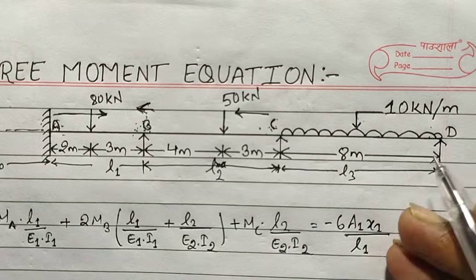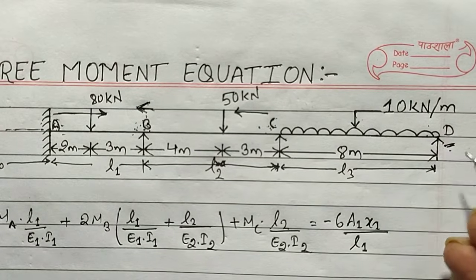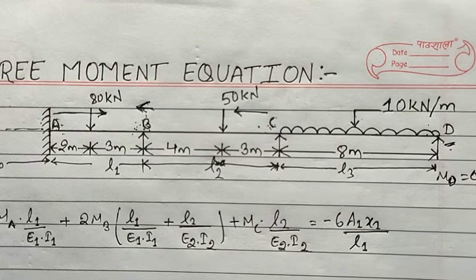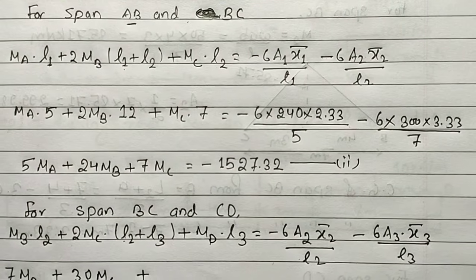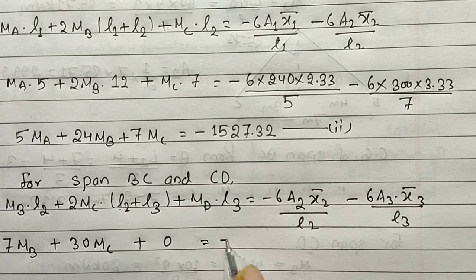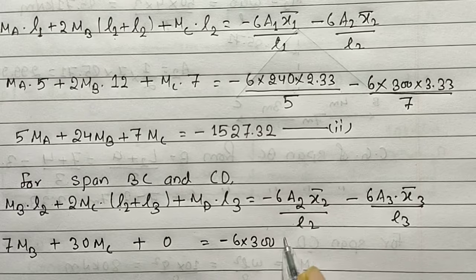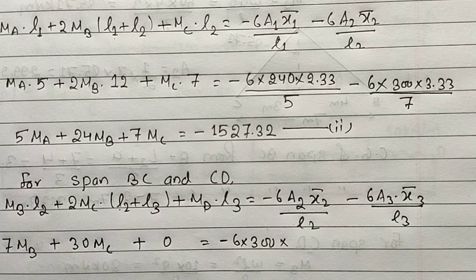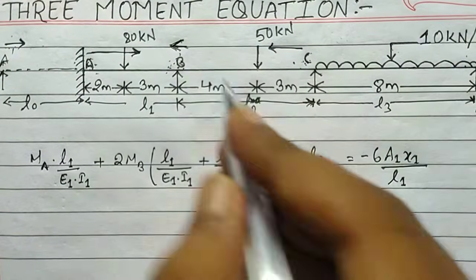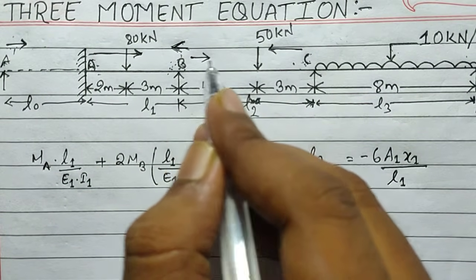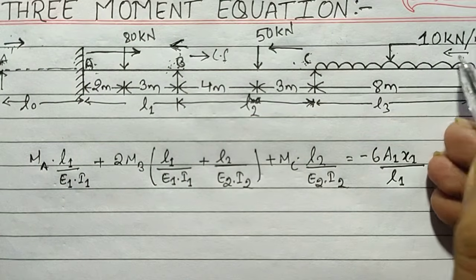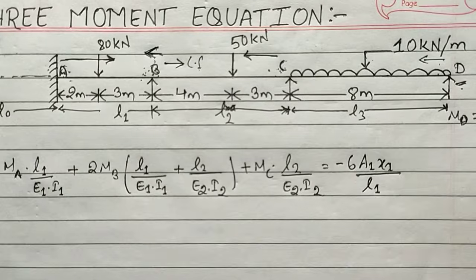As you can see here, end D is a hinge support, so its moment will be 0, MD will be 0, so we need to write it as 0 equals minus 6 into 300 into, now see here guys, for span BC and CD we need to take B as origin for CG, and for D we need to take CG taking D as origin.